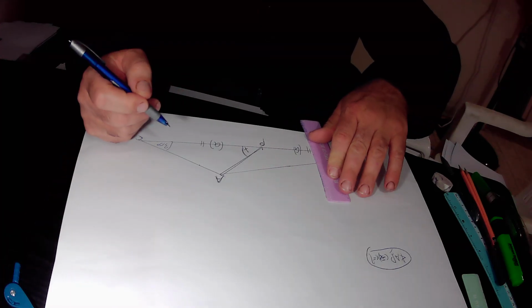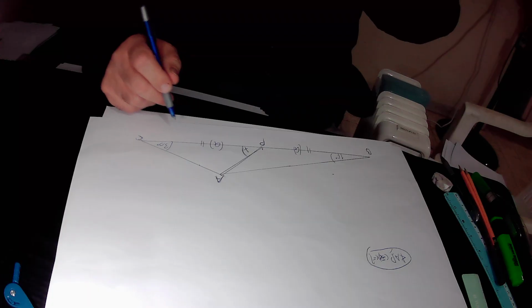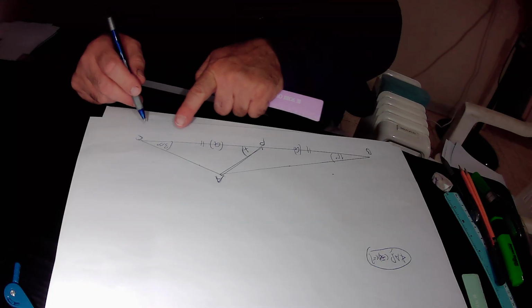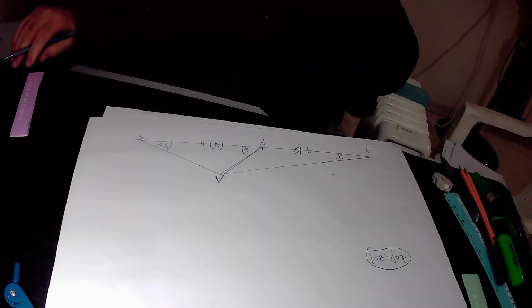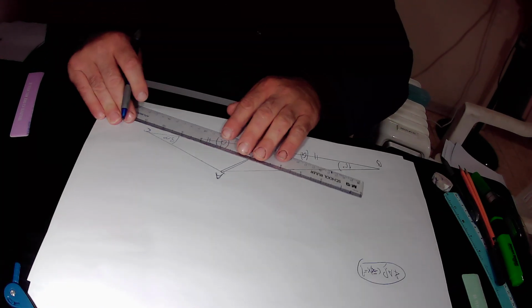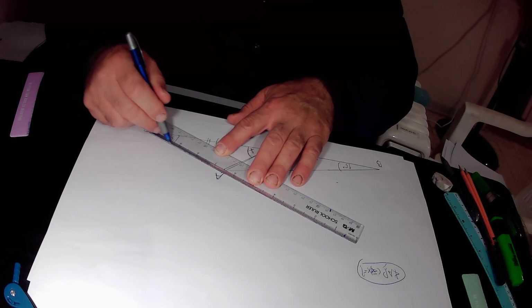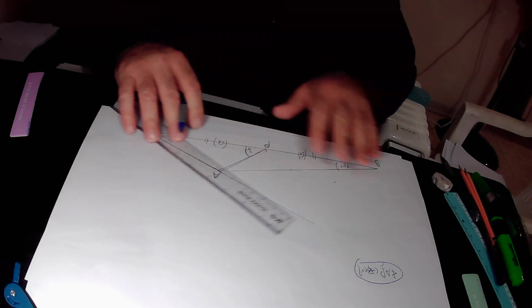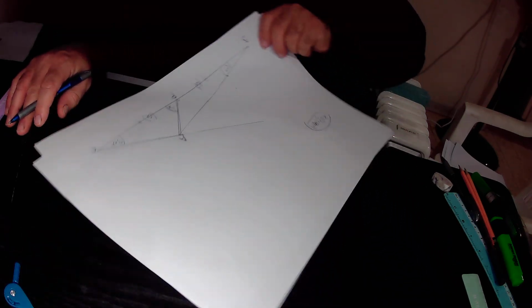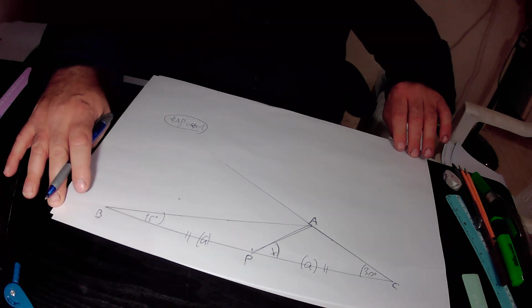In the next step, we will do a construction. That is to say, we'll extend side CA of this triangle ABC by a straight line. And we'll do another construction.